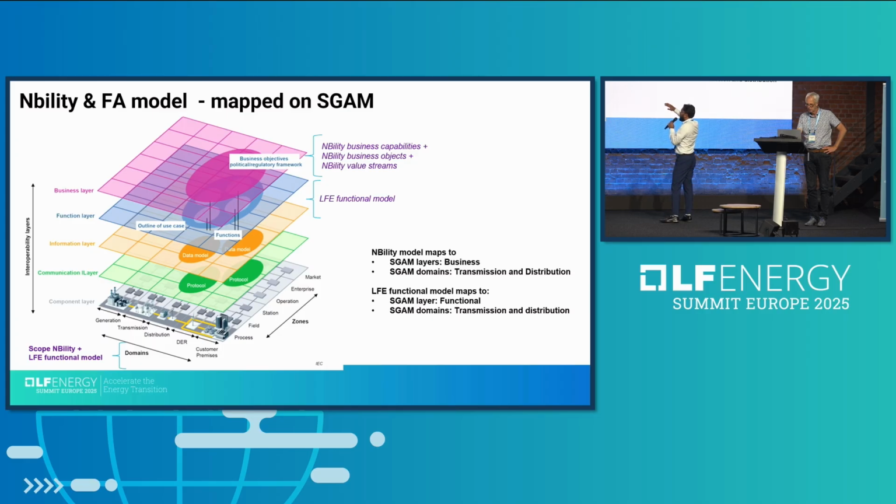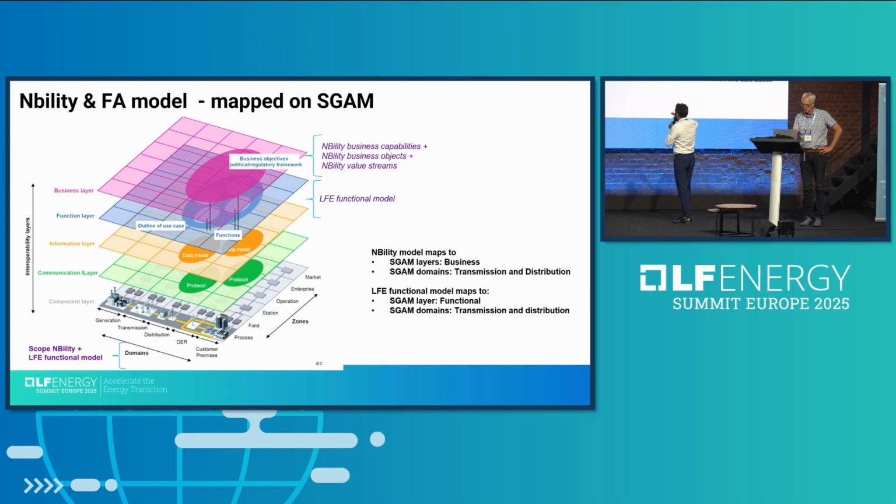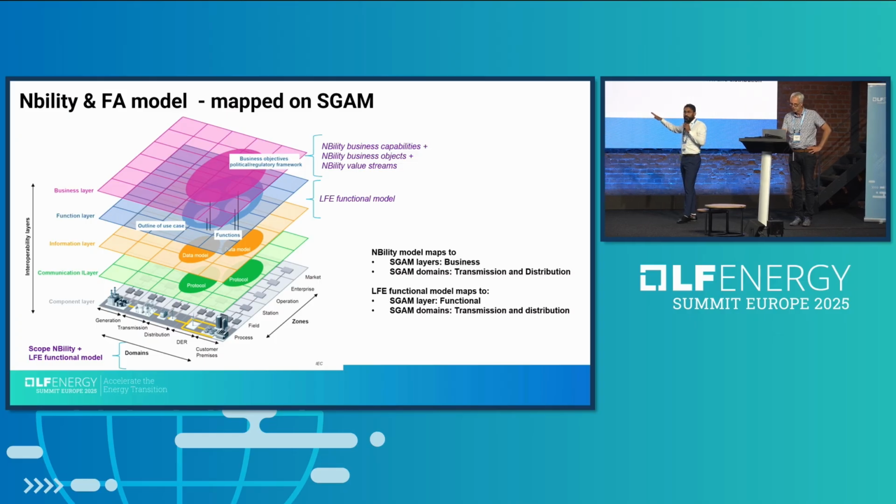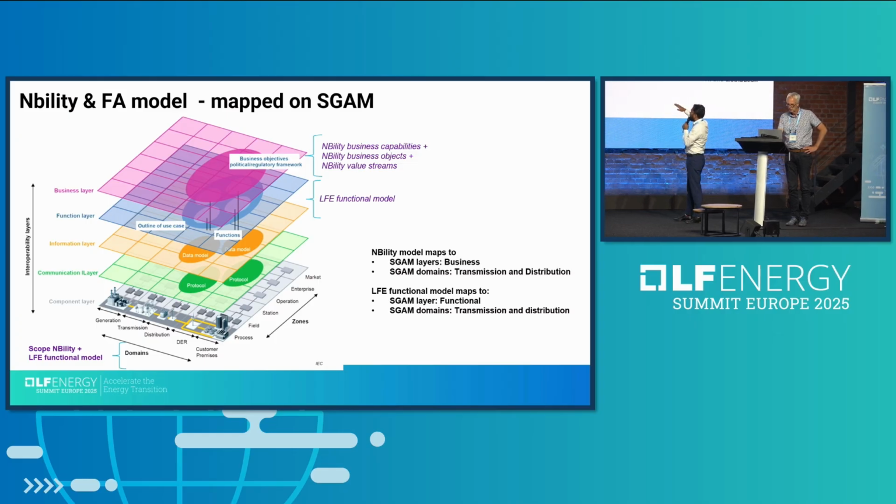If you look at the functional level, that's where the mapping of the functional architecture model which I just showed sits. And if you look at the business level, that's more linked to what Ton was talking about, the capabilities, the value streams, mostly at the top business level. So here, in terms of hierarchy, you can see at what interoperability levels we are talking about, and we are trying to model the different layers.